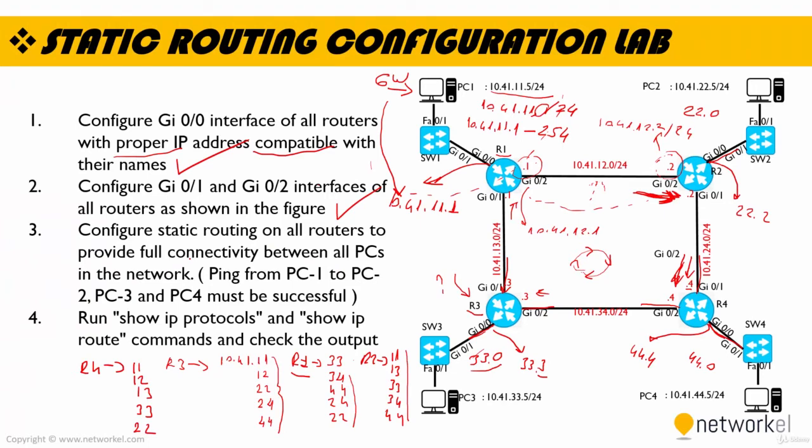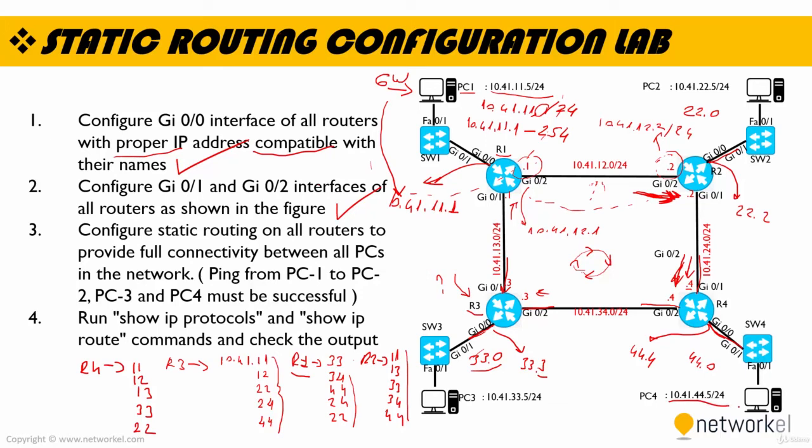If all my configurations are okay, I should pass these tests. For example, I should ping PC2 from PC1, or I should ping PC4 from PC3, but I'm gonna use to ping from PC1 to PC4, for example.